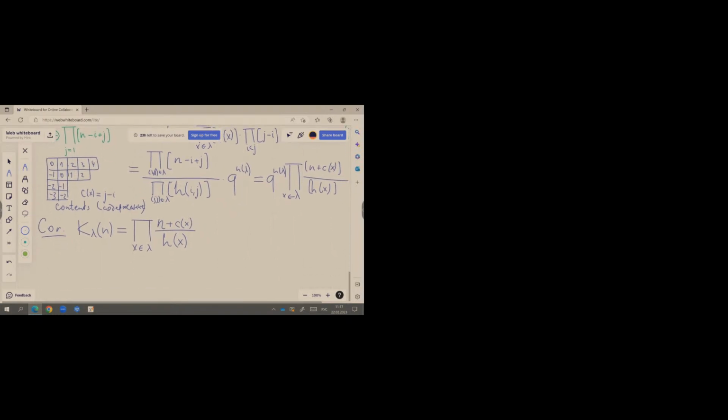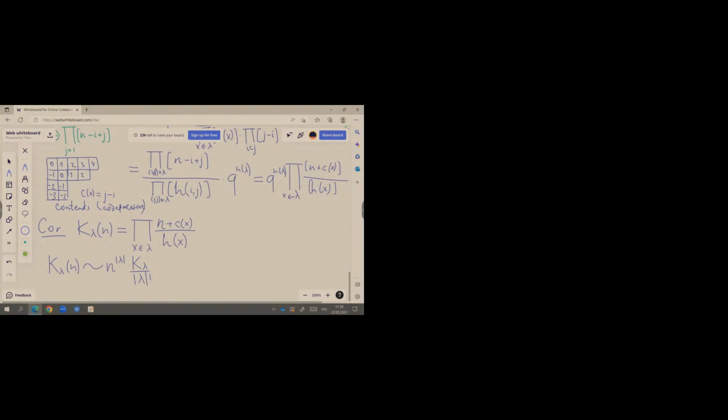So we know from the last time that k lambda of n is asymptotically equivalent to n to the power of lambda times k lambda, the number of standard Young tableaux, divided by lambda factorial.